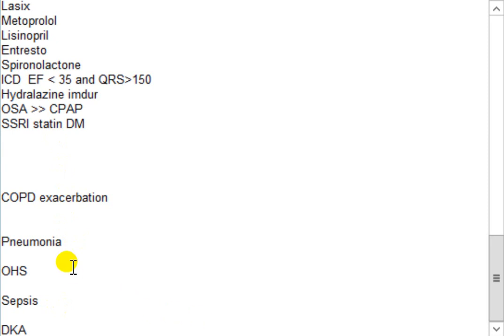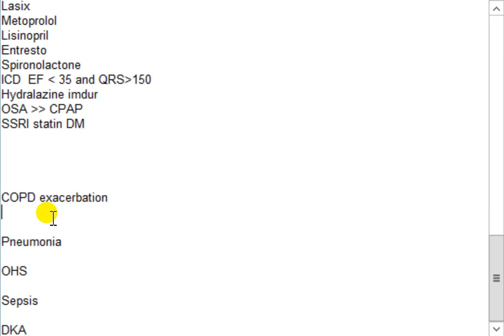So for COPD exacerbation, usually it's someone who has a productive cough more than 3 months in a year for more than 2 years; this is kind of the definition of COPD. And usually you ask them about fever, chills, nausea, vomiting, just to exclude pneumonia. You ask them about chest pain to exclude heart failure.